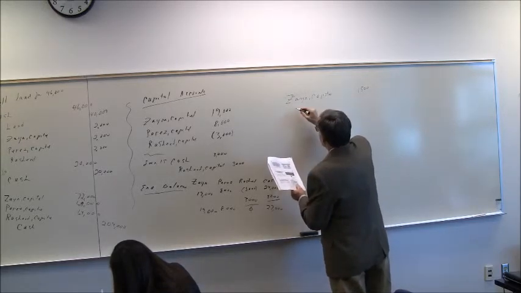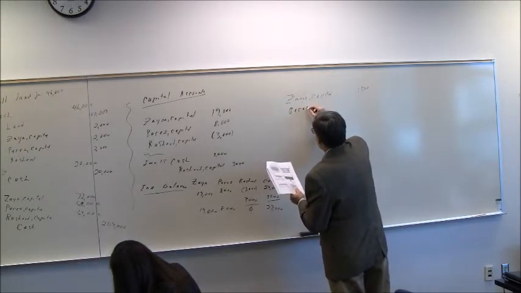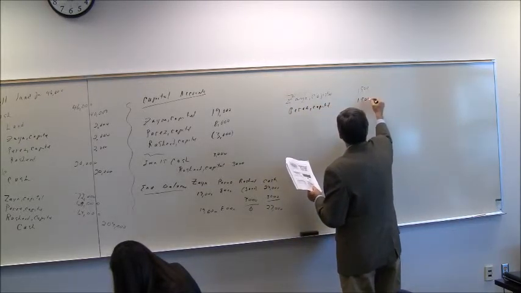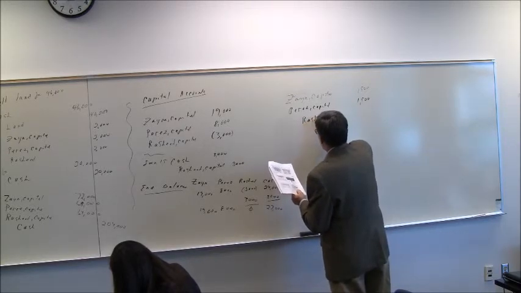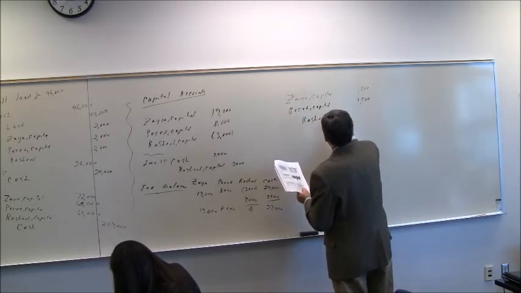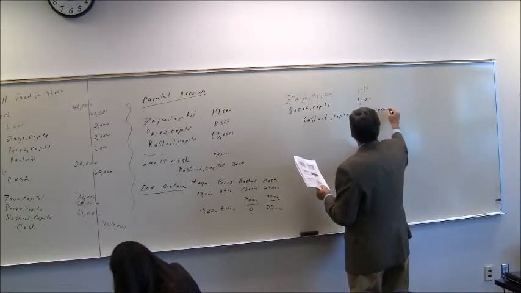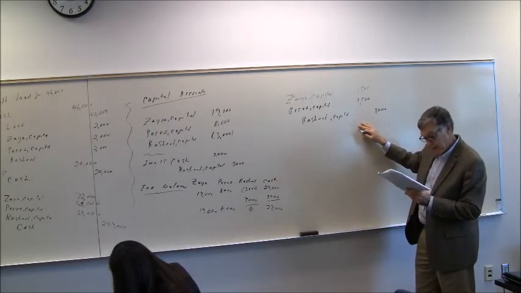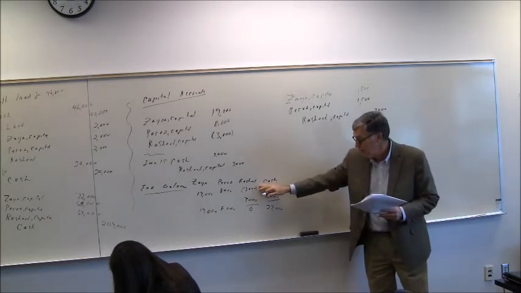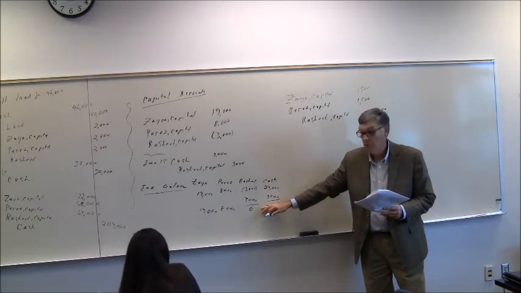You have Perez, comma capital. It'll be debited for 1,500. And then you have Rashid, comma capital. His account will be credited for 3. So now what happens on this thing is, his account is again reduced to 0.